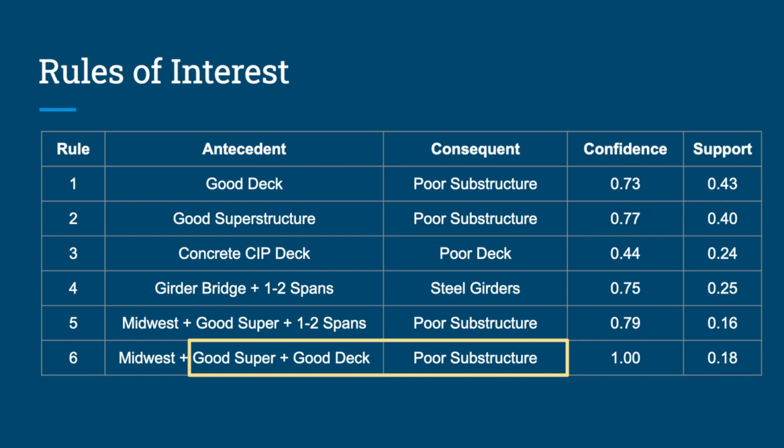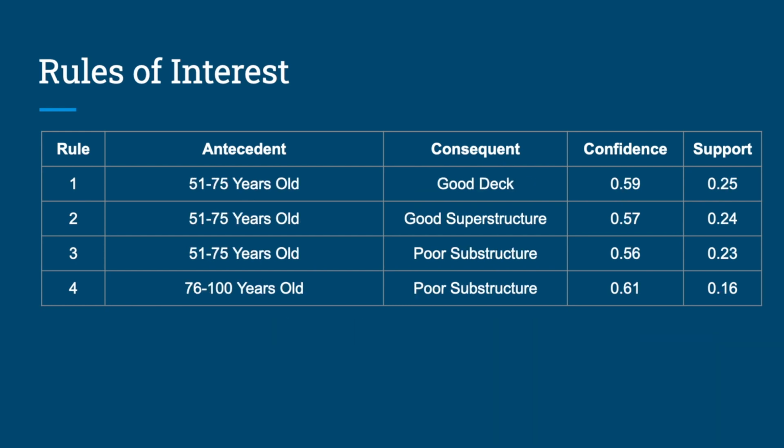So that 100% there can be a little tricky to interpret. You have to keep in mind why these bridges are in this data set. Then there are a few rules that pertain to the age of the bridge, and I pulled these apart because if you look at rules 1 through 3, all pertaining to bridges between 51 and 75 years old, about 60% of those bridges across the board have a good deck, good superstructure, but poor substructure.